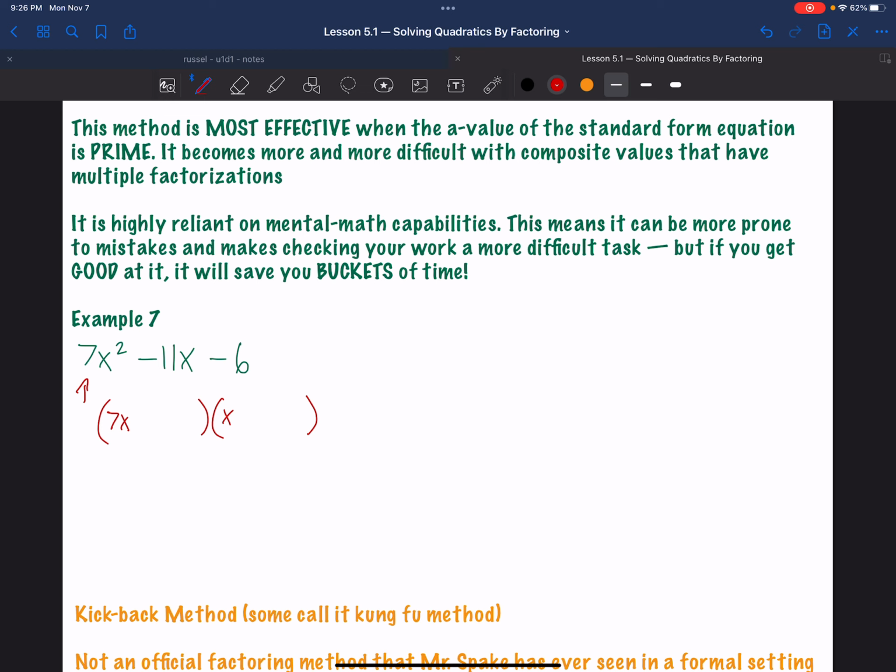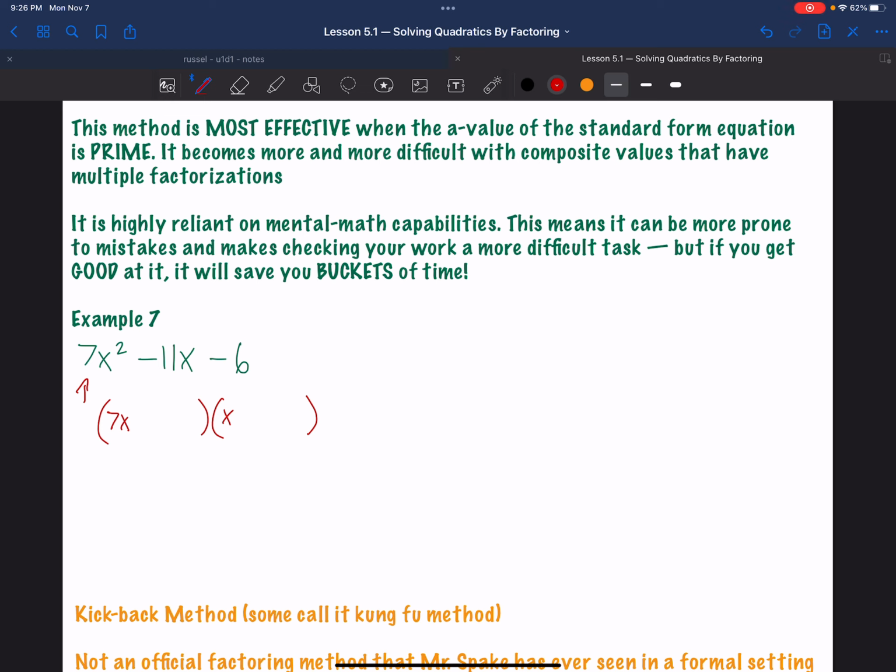And now I just need to find two numbers that multiply to get -6. Now, you have a few options here because you can try 6 and 1, or you can try 2 and 3, I believe.